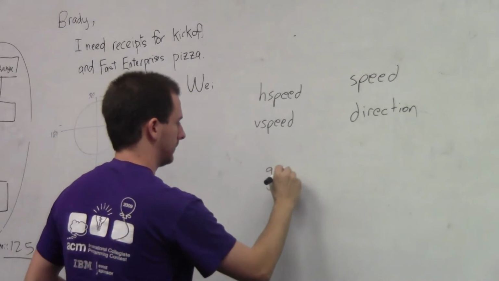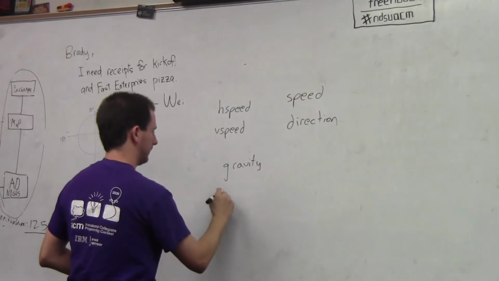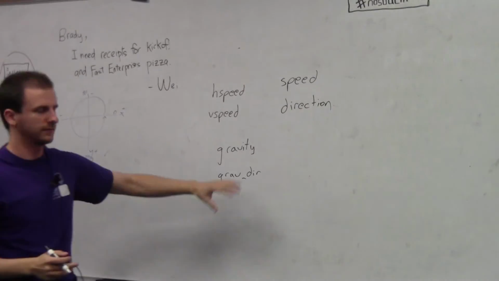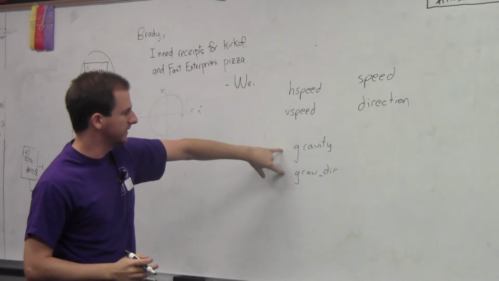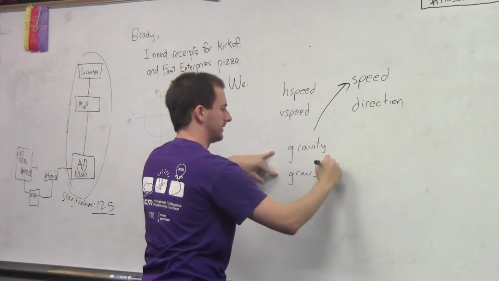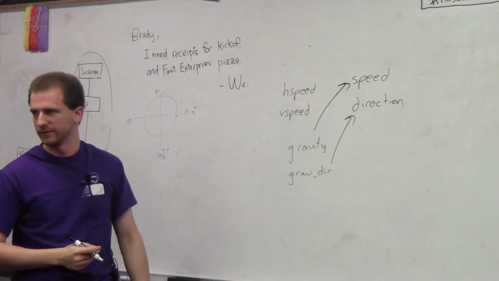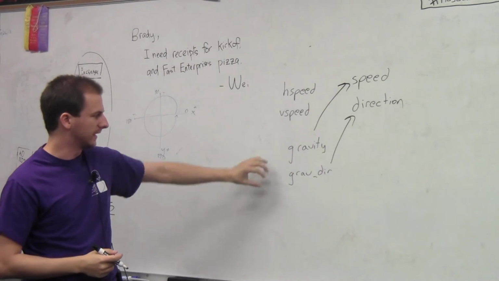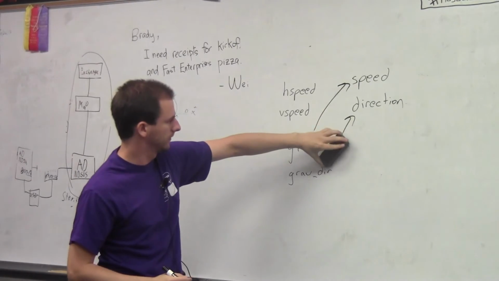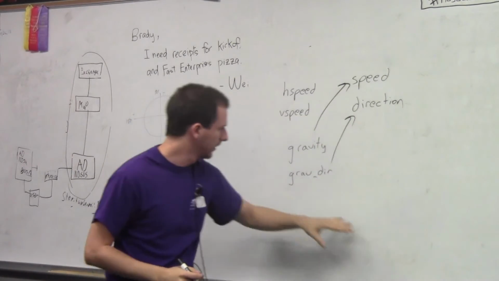Gravity and gravity direction, but I'm lazy. Both of these will affect these variables at the end of the frame. So at the end of the frame, it will actually change the direction.